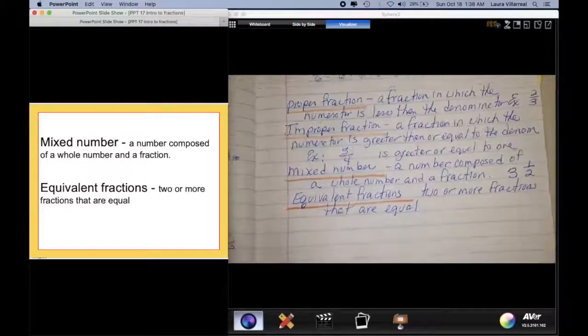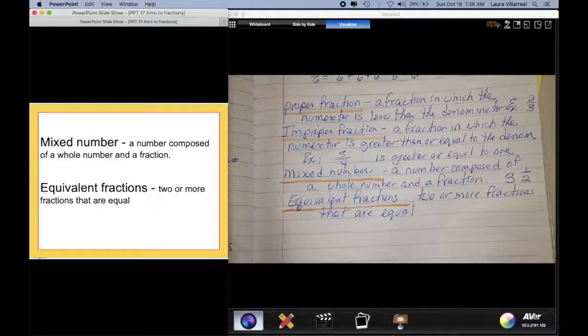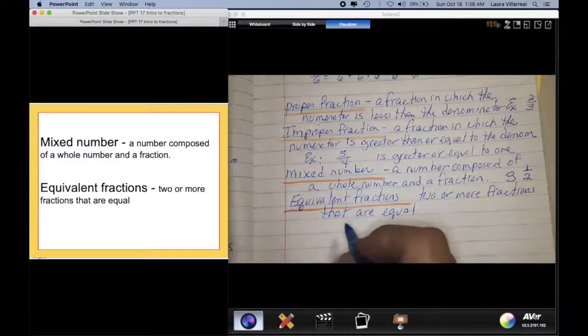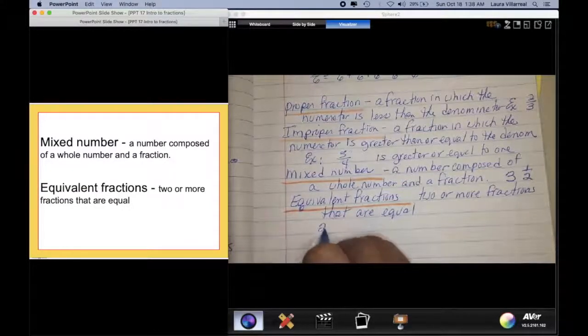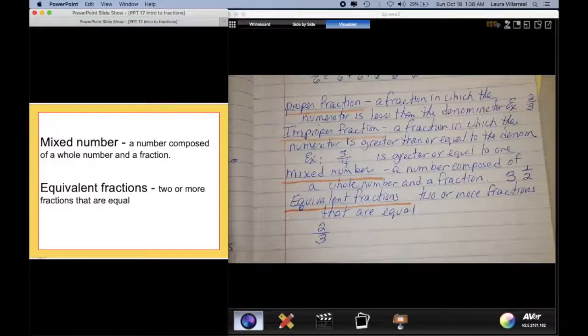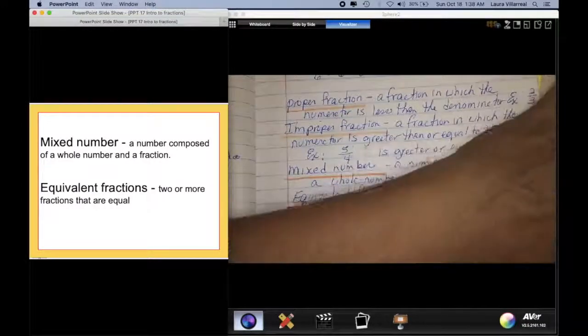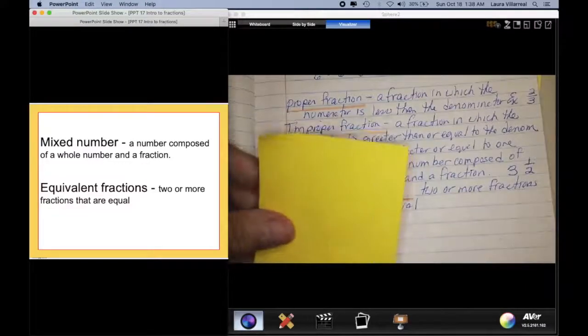Okay, let's look at an example here on equivalent fractions. Let's start with 1/2.